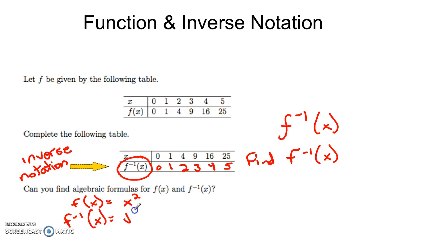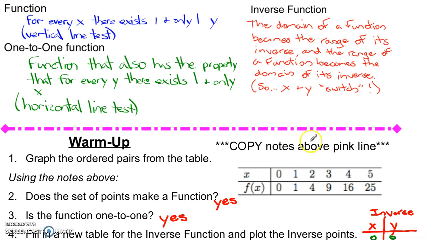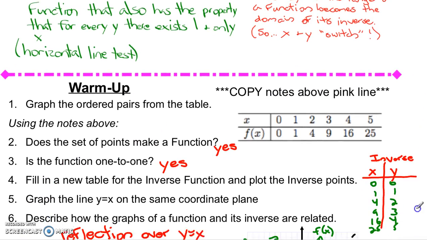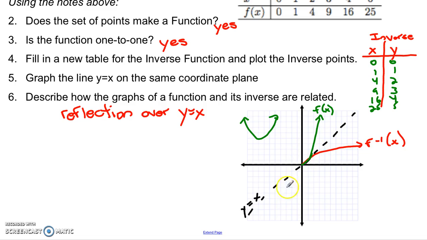And I hope you understand that from what we've always done, squaring and square rooting are inverse functions. One undoes the other. We've always talked about them that way. We haven't thought of them as visually this reflection over the line y equals x. But if you go back and you look at your graph, if you could picture the rest of this parabola, I mean, we just didn't graph any negative values for x.